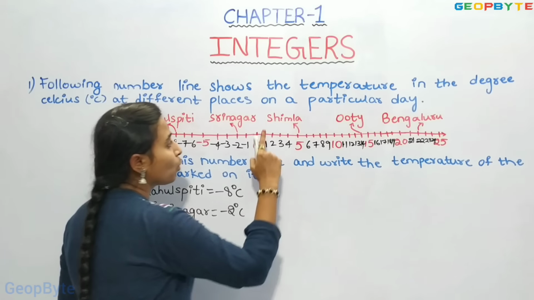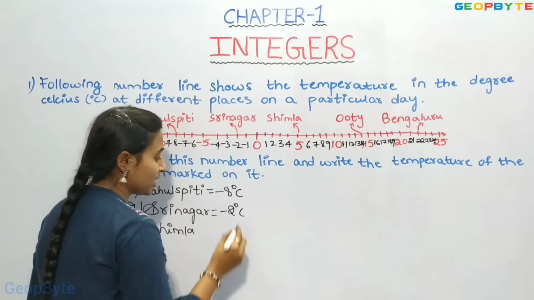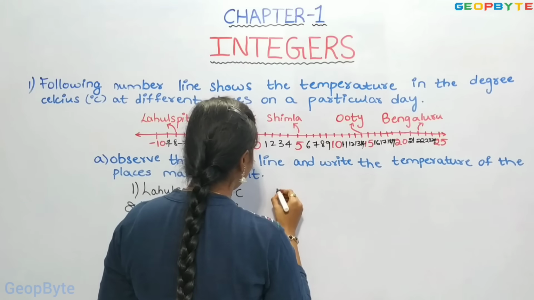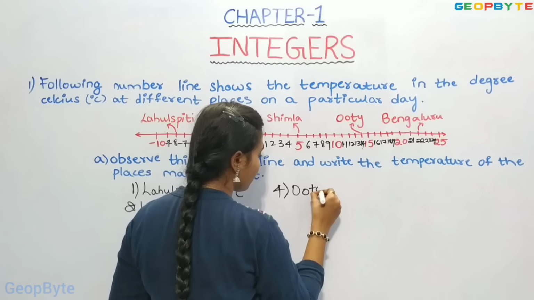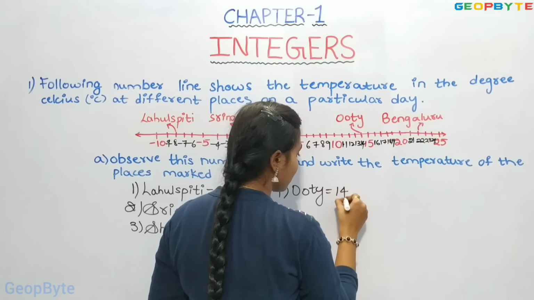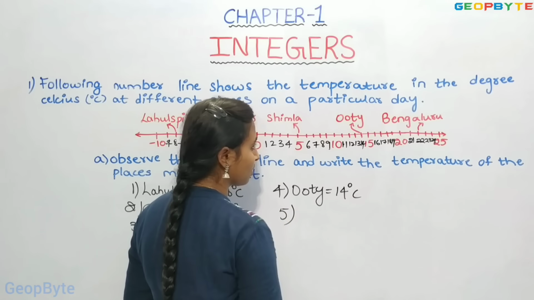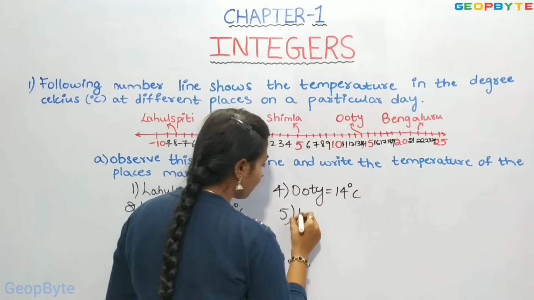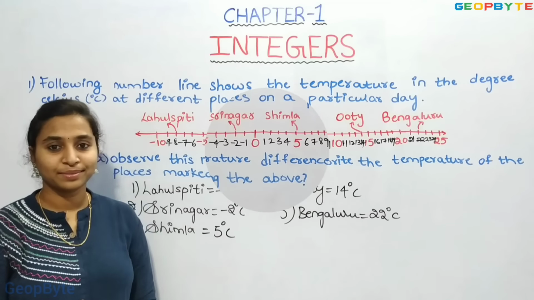Now, at Shimla, what is the temperature? 5 degrees Celsius. Let us write. Now, at Ooty, we have 14 degrees Celsius. Next, at Bengaluru, we have 22 degrees Celsius. These are the different temperatures at different places on the number line.